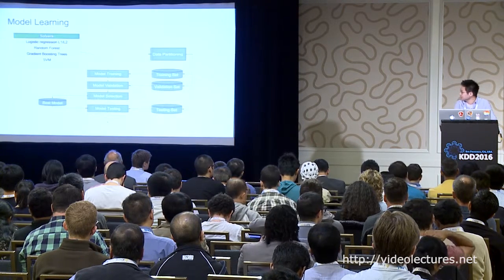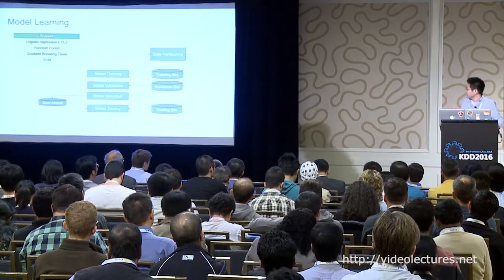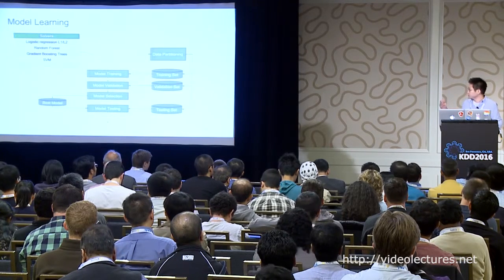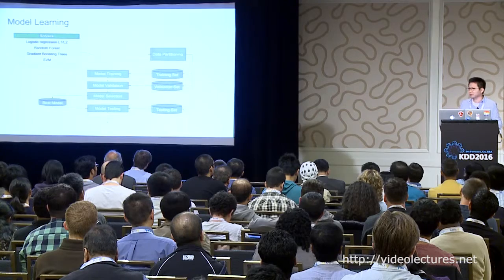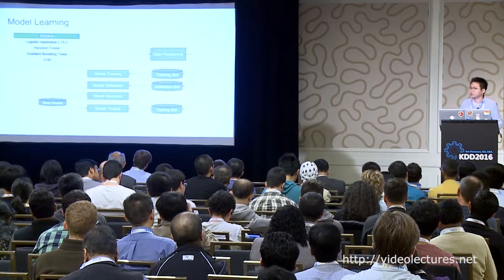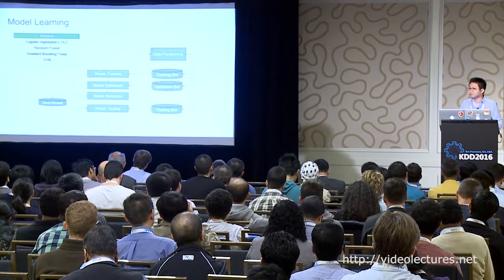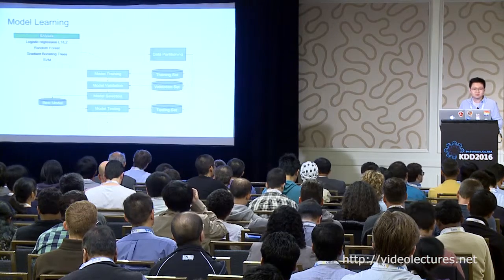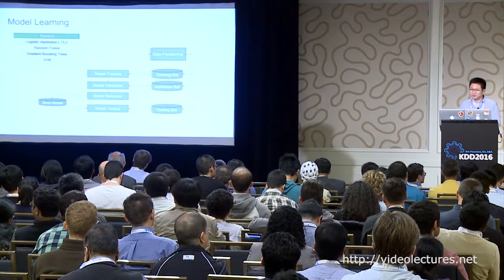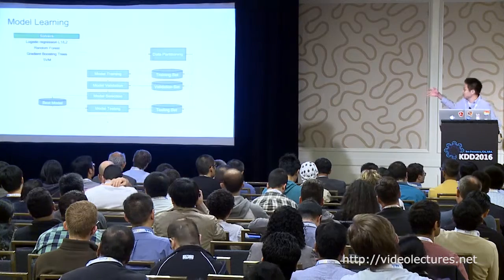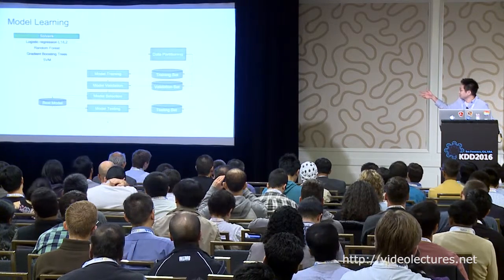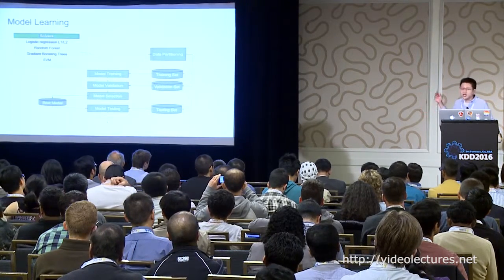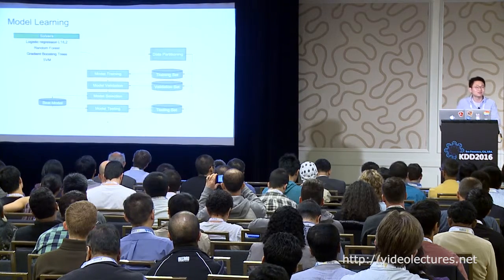Given that said, can anyone tell me, is there any place that you can further improve about this model training and validation process? Any place to improve? So here we split into one set, training, validation, and testing.